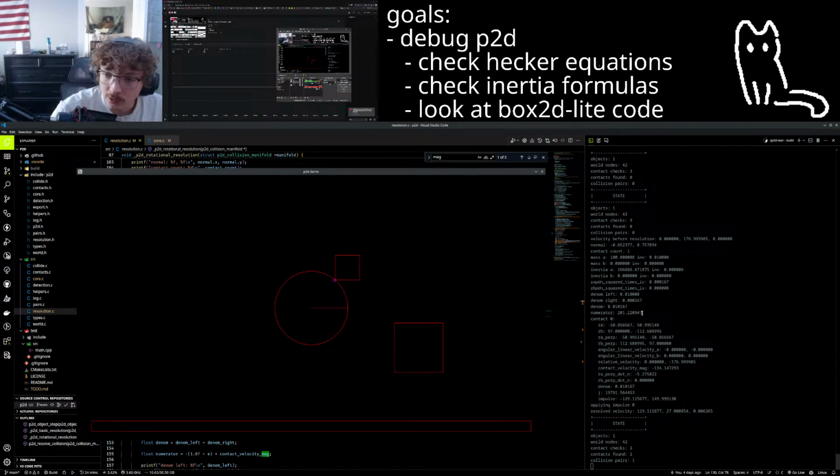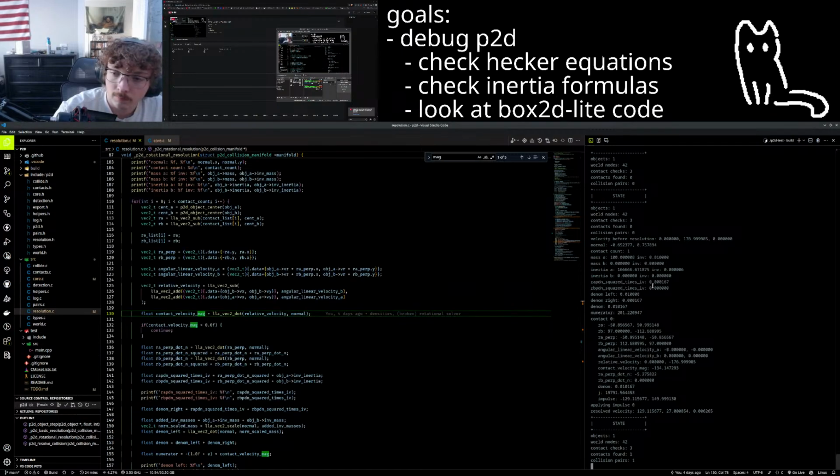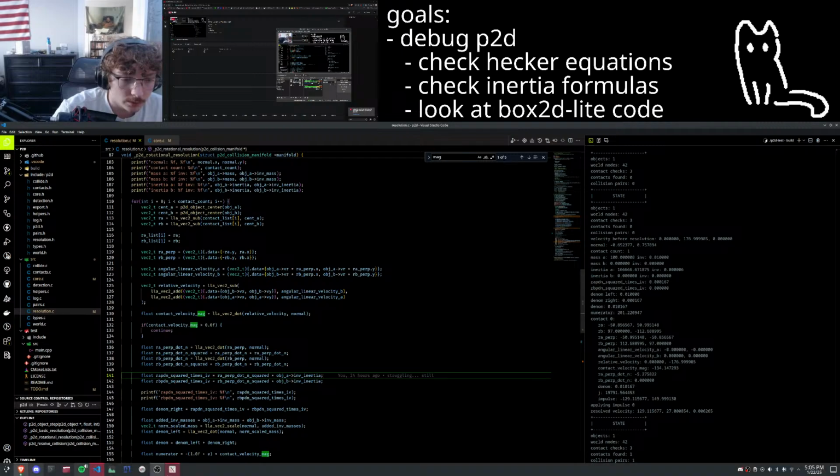Numerator 200. Denominator is really low, which is where we want it to be. We do want it to be like that 0.01. RA perpendicular dot n squared times inverse inertia.